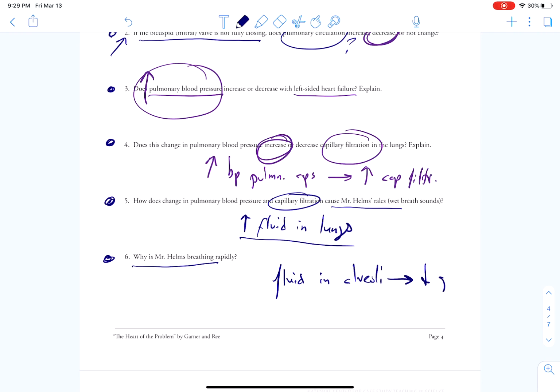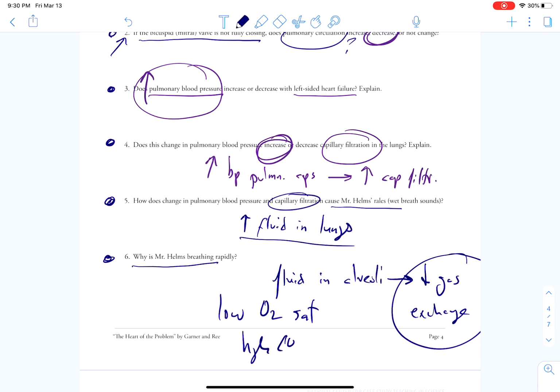It's going to disrupt gas exchange. So we're decreasing gas exchange, and so not only are we not getting enough oxygen in the blood, which explains his low O2 saturation, but most likely he has high levels of CO2 in the blood as well. And so he's breathing rapidly to get rid of the CO2 and also to increase the oxygen.